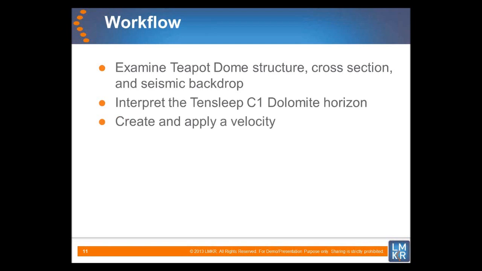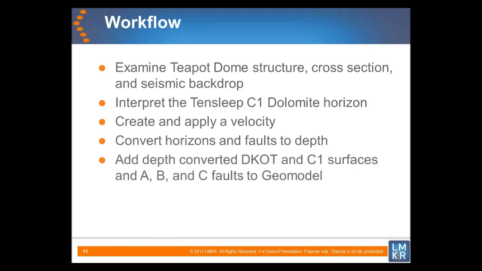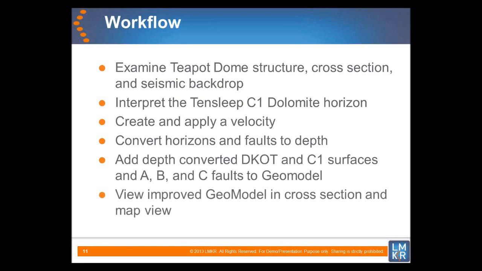I will create and apply a new velocity model, and then use that velocity model to convert the horizons and faults to depth in SeisVision, and use those 3D depth-converted surfaces to control the Dakota and C1 surfaces in the geomodel, and also use them as sources for data for the A, B, and C faults in the geomodel. This will improve the geomodeling in the cross-section and also correct the seismic backdrop view.